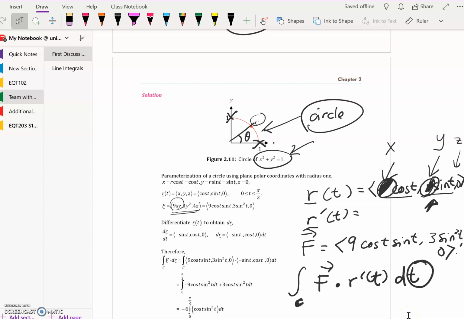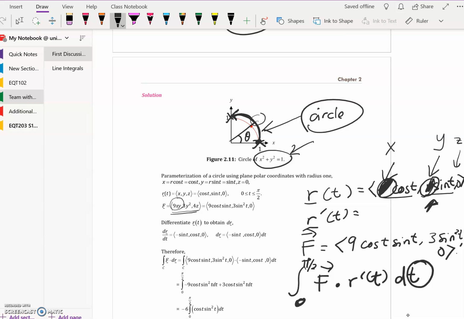So it is evaluated from 0 to a quarter of your first quadrant. You have to move a particle from this point to this point, which means from 0 to pi over 2. So this is the unique limit when you have a circle.